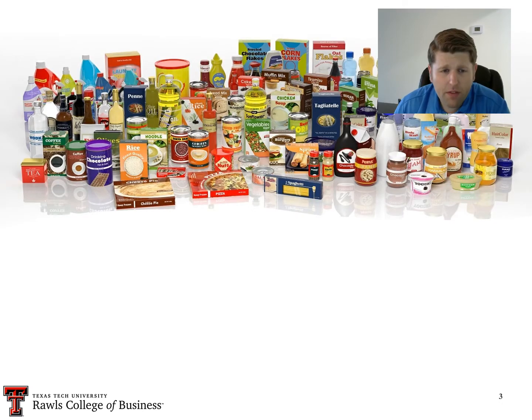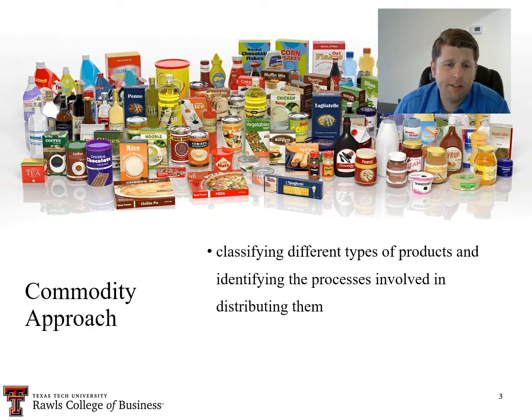The commodity approach is where an individual or a teacher would help students understand marketing by classifying different types of products and identifying the different processes that it takes to distribute them.